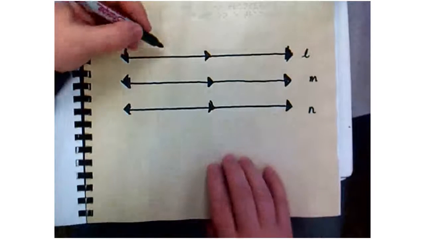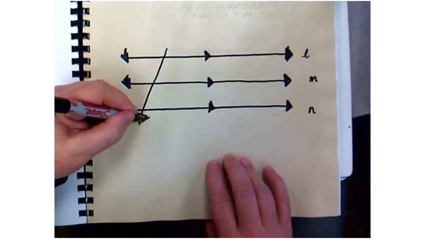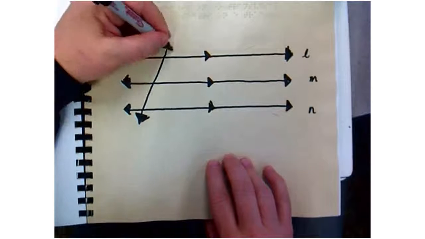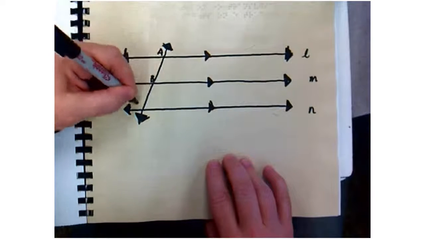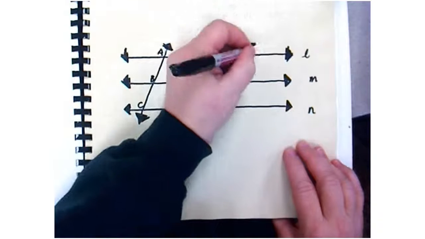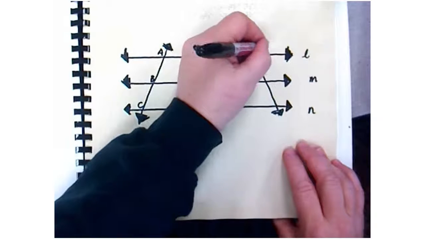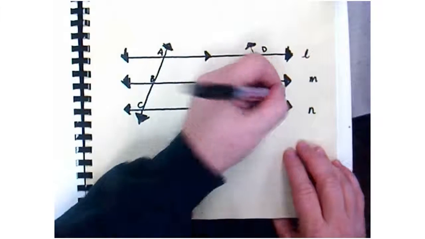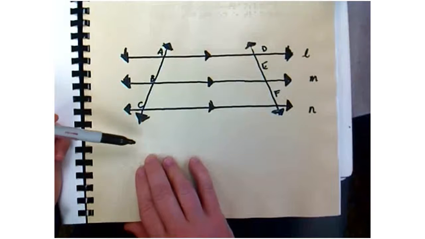And then there's a transversal on the left, and it intersects through point A, B, and C, and a transversal on the right that intersects through D, E, and F. And down below, they're explaining this theorem in symbols.